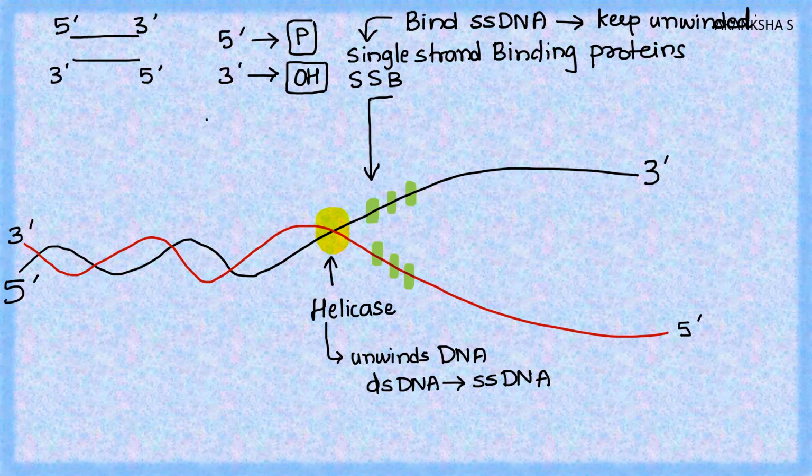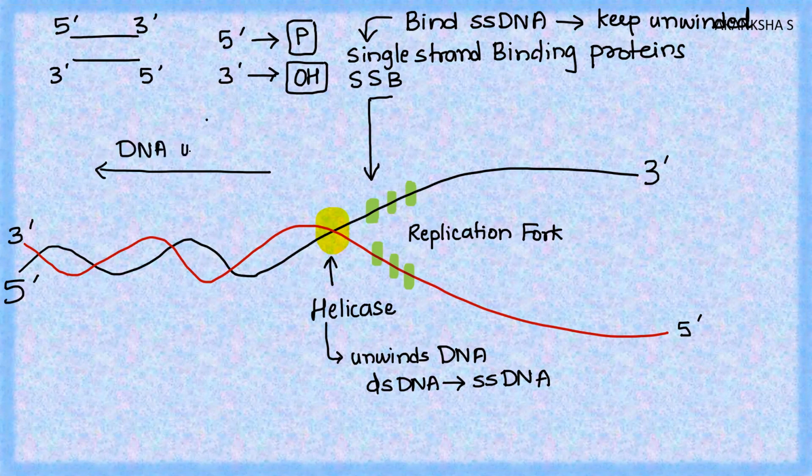This thing which has opened up is called a replication fork. Okay, this opened up structure is called a replication fork. Now, when we try to unwind the DNA, what direction are we unwinding? We are unzipping it in this direction.